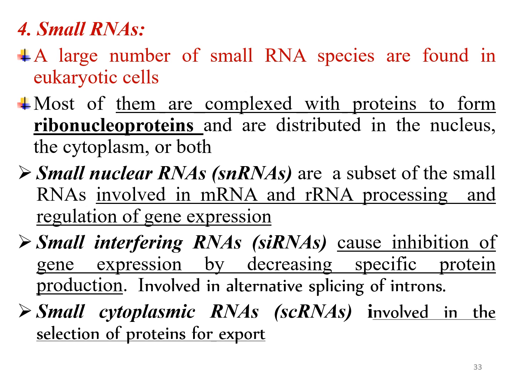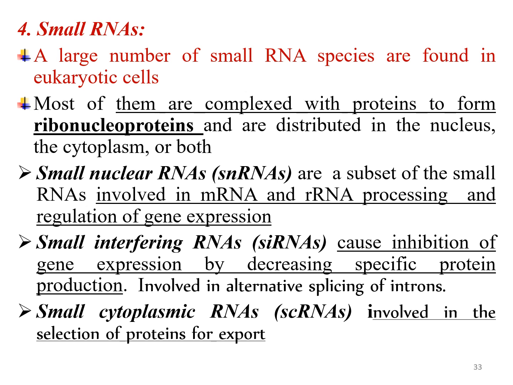The fourth class of RNA is small RNA. A large number of small RNA species are found in eukaryotic cells, and most of them are complexed with protein to form ribonucleoproteins and are distributed in the nucleus, the cytoplasm, or both. Small nuclear RNA is a subset of small RNA involved in processing messenger RNA and ribosomal RNA and in the regulation of gene expression.